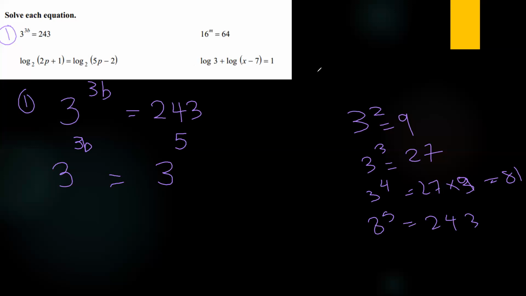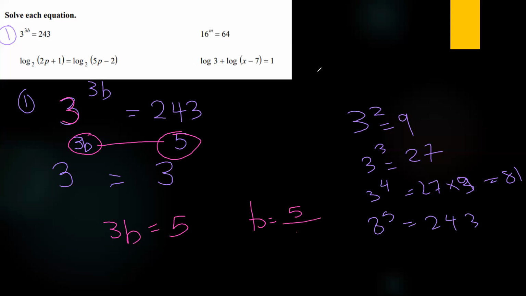What will the number be? I have to choose the same as this number. As we have the same bases now, we can say that 3b equals 5. So b will be 5 over 3. This is how to solve the equation. Solve the equation, as you know, means how to find b.